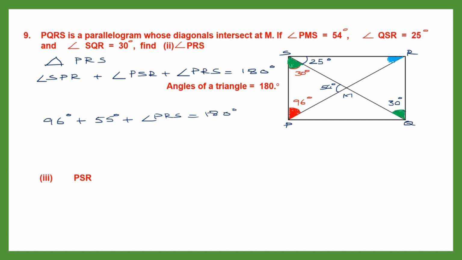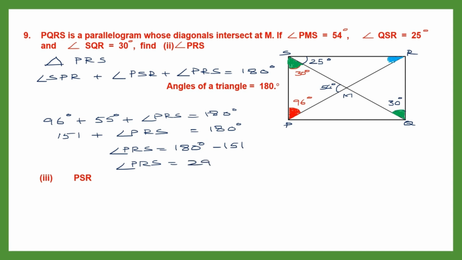We get 151. That is 151 plus angle PRS is equal to 180 degrees. So now to find only angle PRS, we say 180 degrees minus 151. So we have found angle PRS, and that is 29 degrees. So this is question 2. We have found angle PRS, that is 29 degrees.